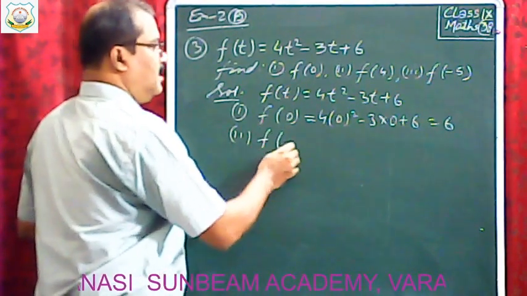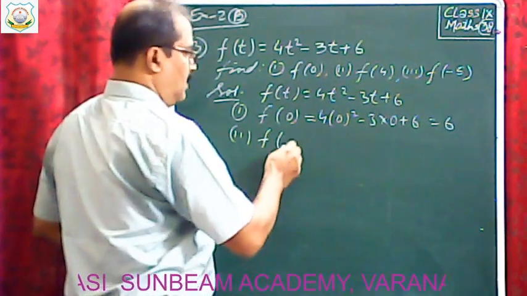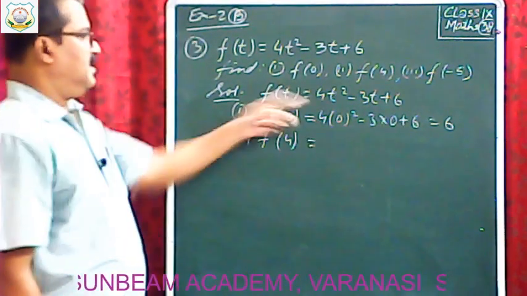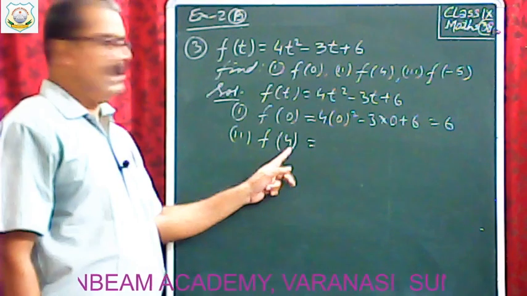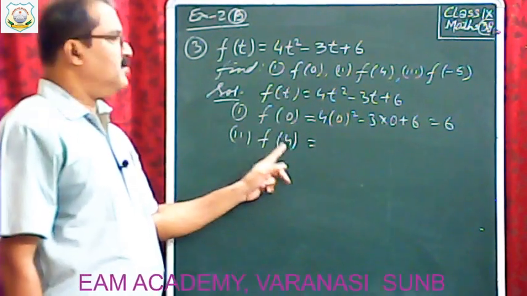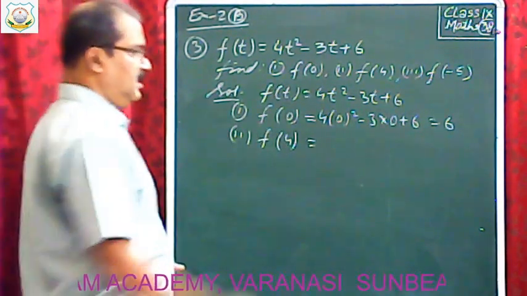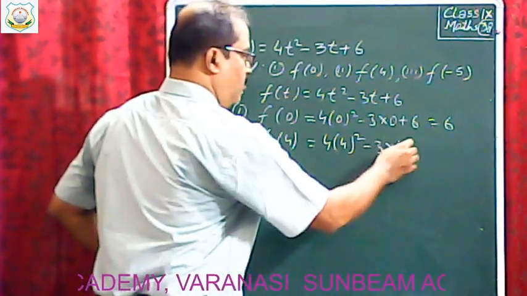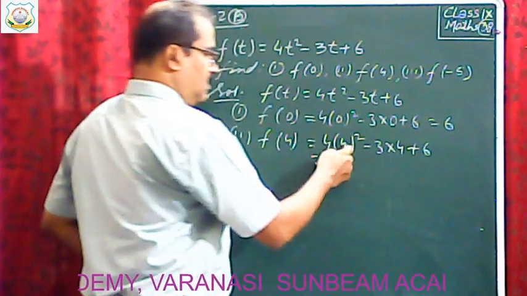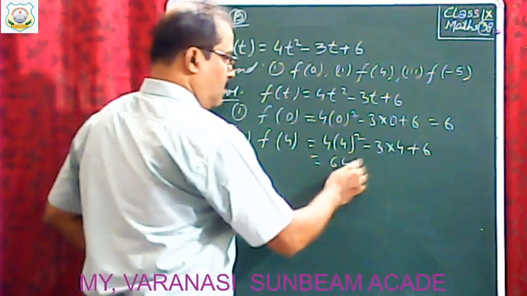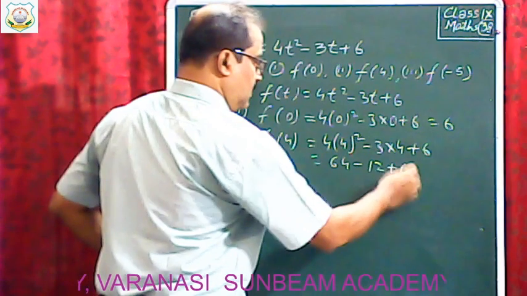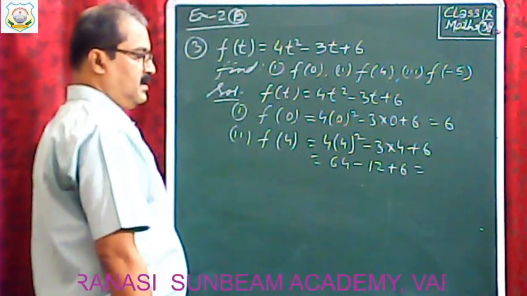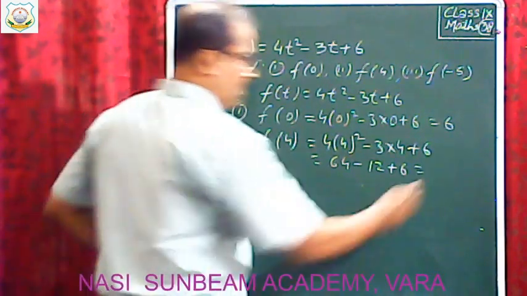Next you have to find f(4). In place of t, you have to put t equal to 4. So 4 into 4 square minus 3 into 4 plus 6. 4 times 16 is 64, minus 12 plus 6. 64 plus 6 is 70, minus 12, 58.